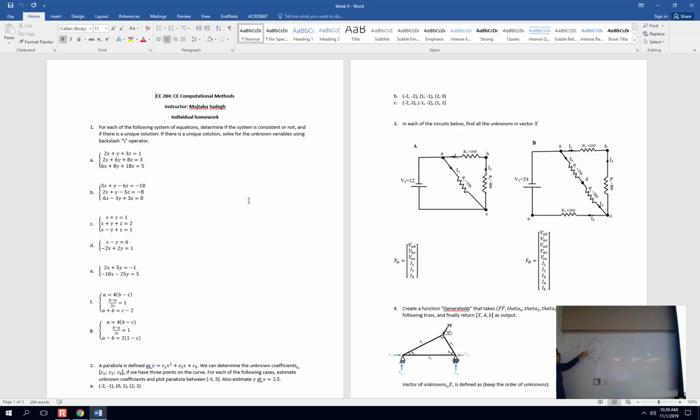So I5 is coming from here. I2 is coming from here. Both of them will go through the fourth resistor. So we have I4. So far the equation that we have is I1 is equal to I5 plus I3. Is that correct? That was our assumption. It's either correct or not. If it is not correct, I5 comes out negative.